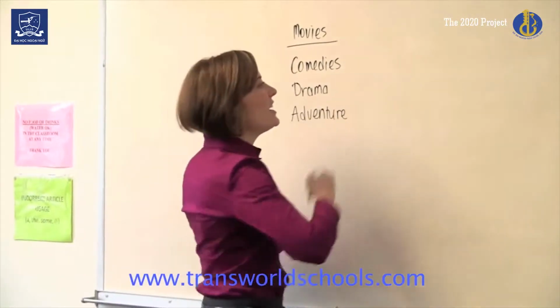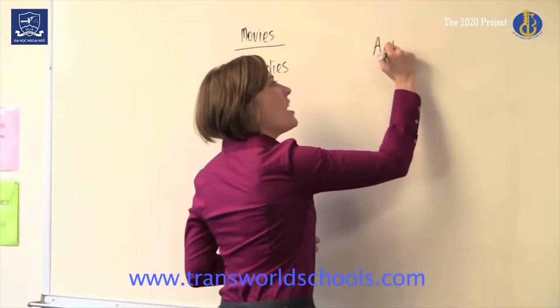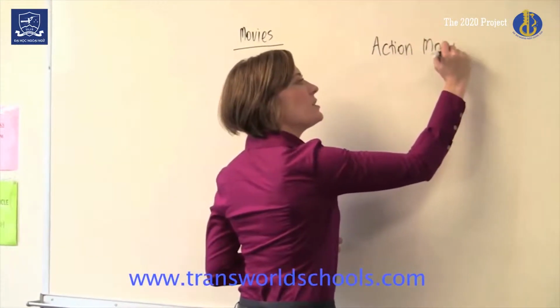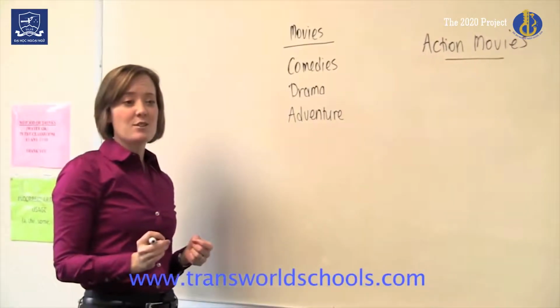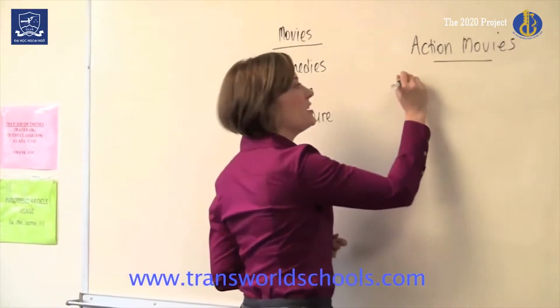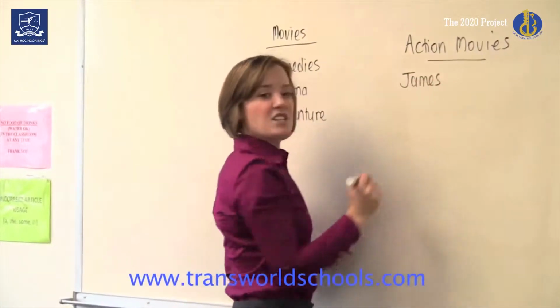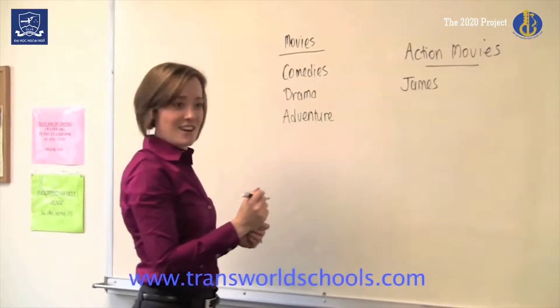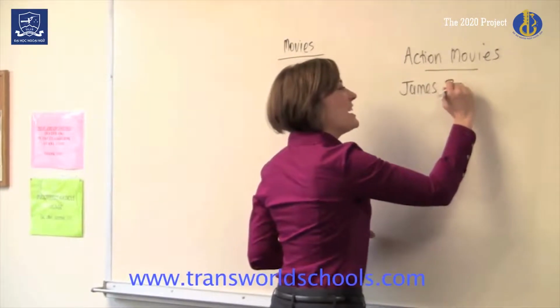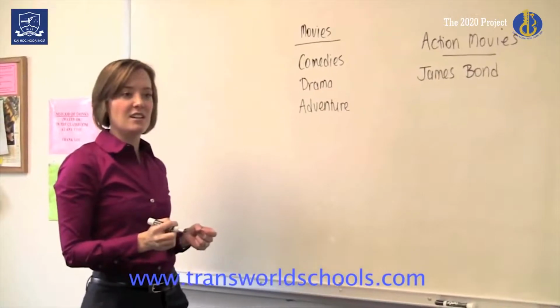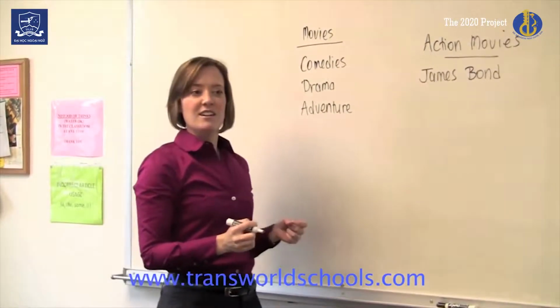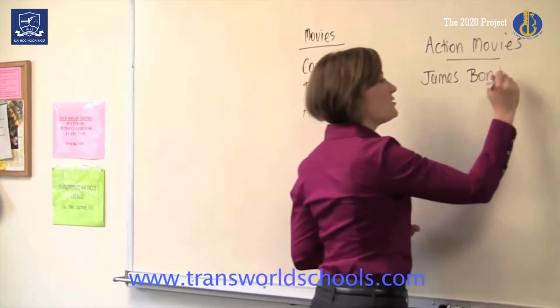Action? Action, great. Action movies. And this is what I want to talk a little bit more about today, especially one kind of action movie, which is a James Bond movie. Hands up if you've seen a James Bond movie. All right, good. He's a spy, and he does have a spy name. What is it? 007? 007, that is right.